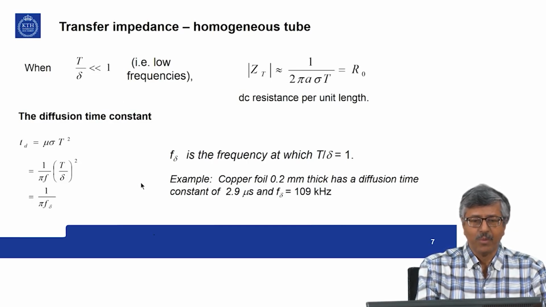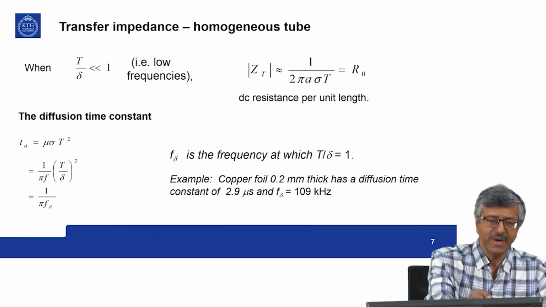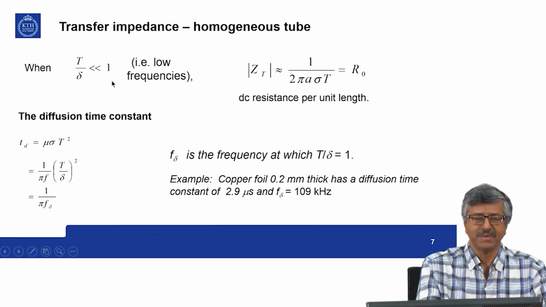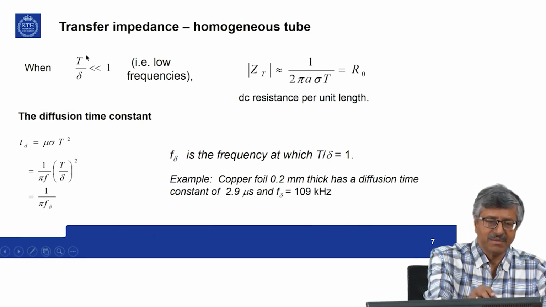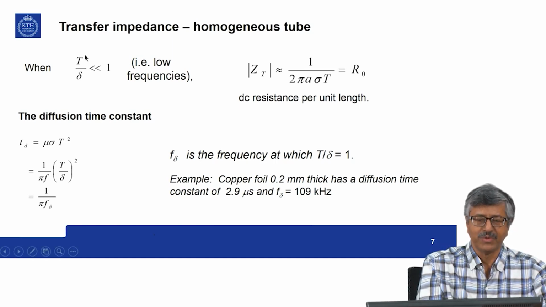Transfer impedance of a homogeneous tube, when t by delta is far less than 1, that is at low frequencies, where delta is much higher than t. So you have almost uniform current across the shield; the current is penetrating across the shield.